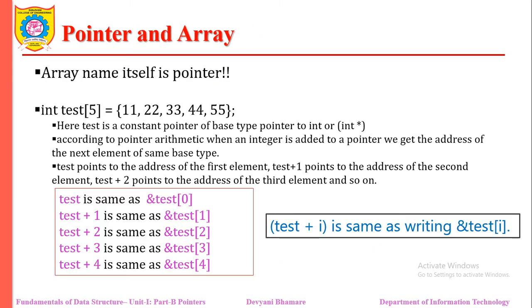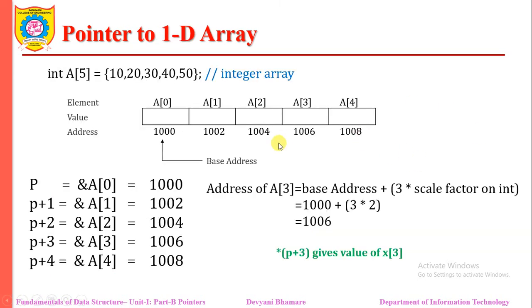The quite interesting part is that we use a pointer name by declaring int star ptr or p and so on. But if we think about the array, then the array name itself is a pointer. How does it happen? We have already seen that when the compiler gets the declaration and initialization of an array, it reserves a block of memory, and at the starting address it gives the name of our array.